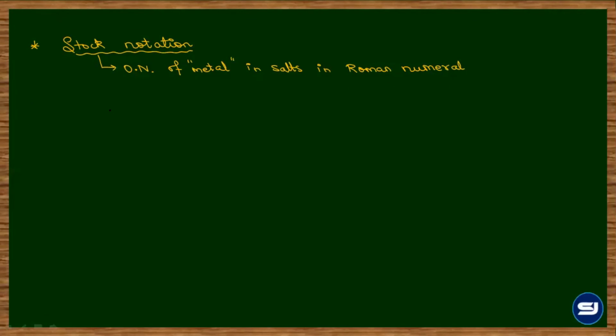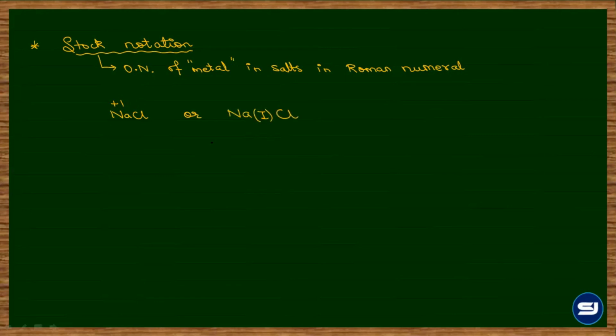For example, when I write NaCl, we know that oxidation state of Na is +1. So this could be written in stock notation as Na(I)Cl.